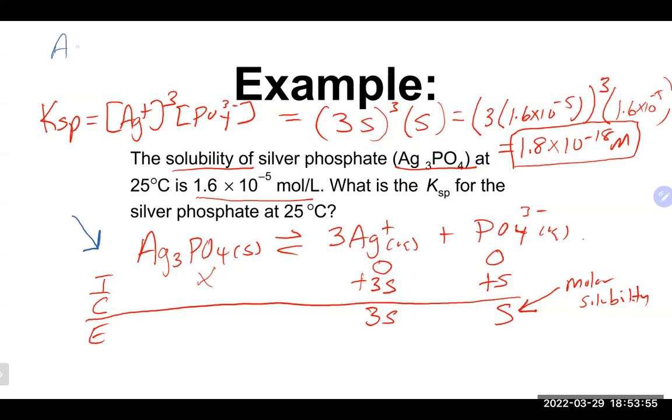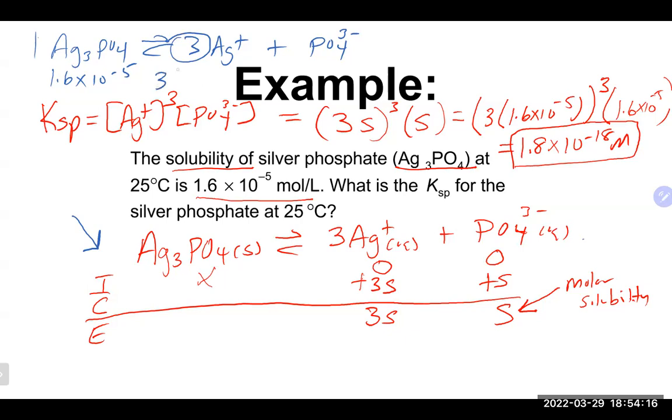When you look at our silver phosphate, it breaks apart into 3 silvers plus 1 phosphate. If this concentration is 1.6 times 10 to the minus 5, it is a 1-to-3 relationship between that and the silver, which means the concentration of the silver in that solution would be 3 times 1.6 times 10 to the minus 5, which is essentially what the ice table did for you right there. So you didn't screw up.